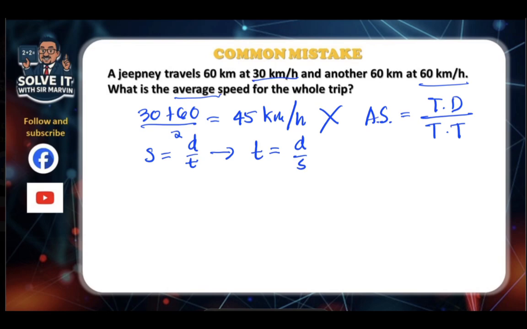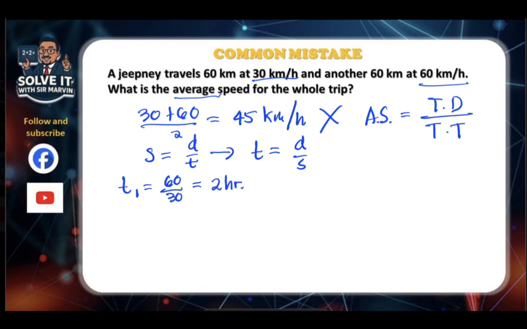So for the first part of the travel, time number 1 will be 60 kilometers over the speed of 30. So that would result to 2 hours.